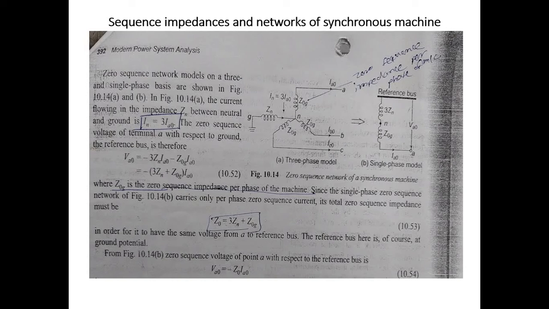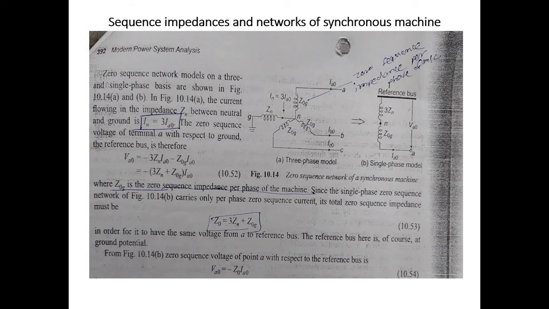That is, the current flowing in the impedance Zn between neutral and ground is In is equal to 3 into Ia0, where Ia0 is the zero sequence component of the current Ia. The zero sequence voltage of terminal A with respect to the ground, the reference bus, is Va0 is equal to minus 3 Zn Ia0 minus Zg0 Ia0. That is, it is equal to minus of (3 Zn plus Zg0) into Ia0.